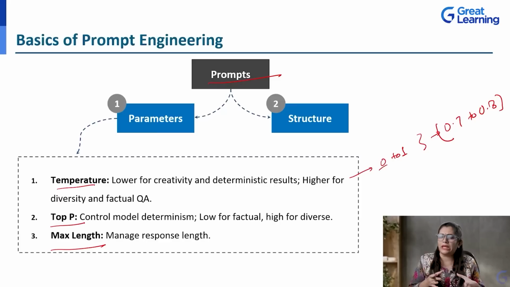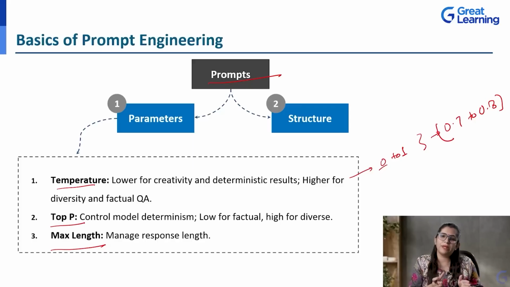Now, top P is actually kind of same as temperature. It also has creativity. Top P is top probability that it selects from. So you have a generative model. It generates results based on your prompt. Now, there can be n number of results. How does that model decide what to put as an output for you?